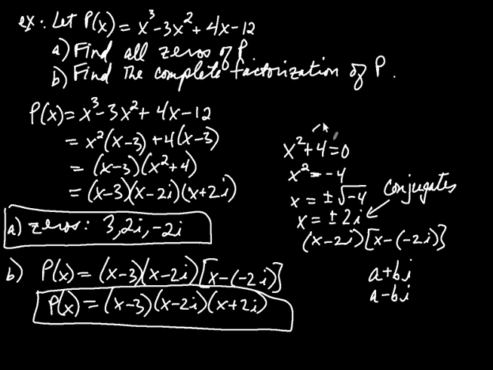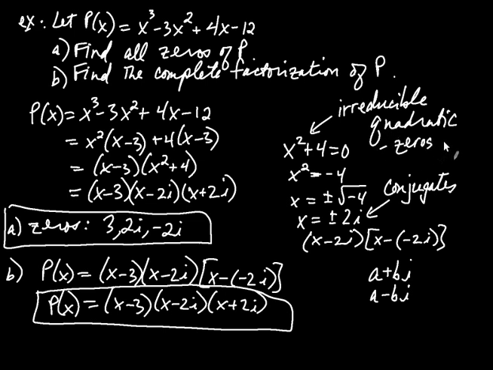That tells you that x squared plus 4 is what's called an irreducible quadratic. We say a polynomial, x squared plus 4 in this case, is an irreducible quadratic if the zeros of that polynomial are not real.